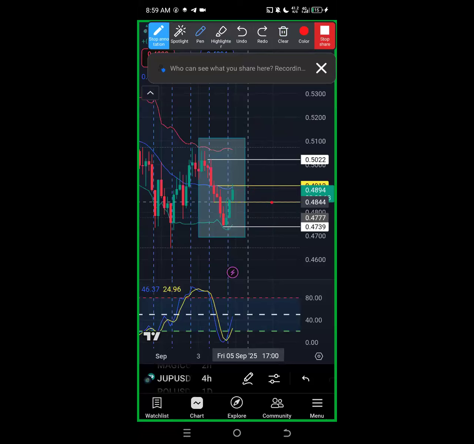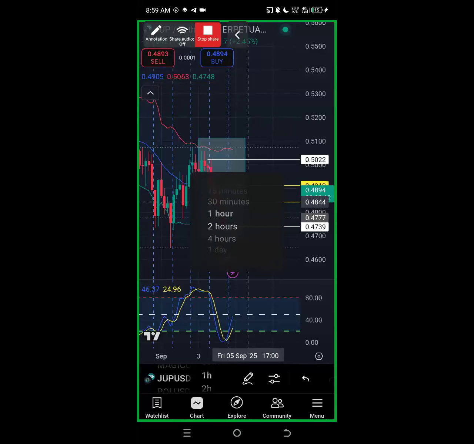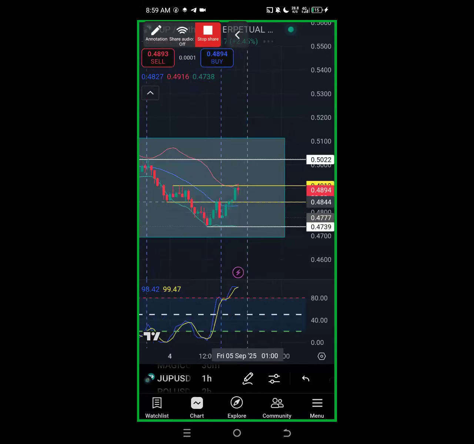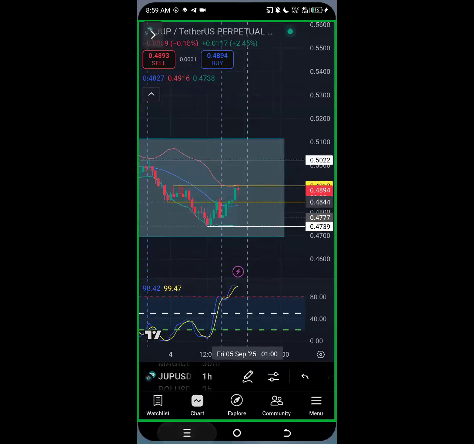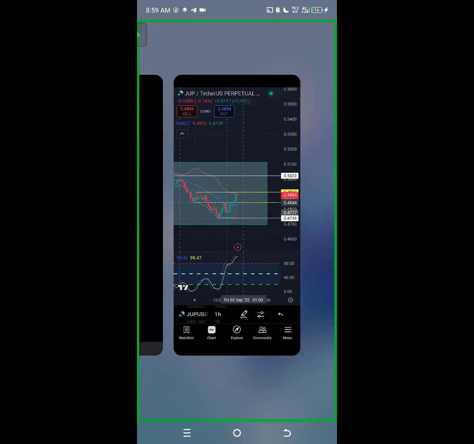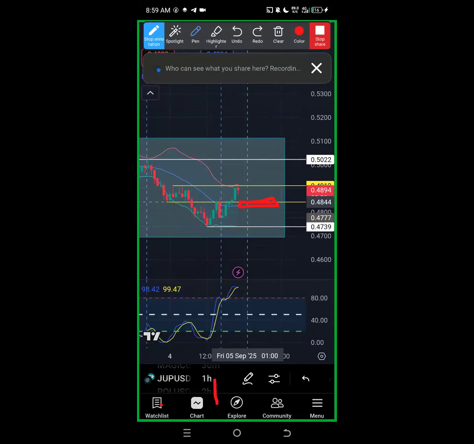Set your preset around this area, which in this case, if you go to the 1 hour time frame, which we are analyzing the market from, is this area here. Preset around here, the area around the middle band or the support, basing on the horizontal line.